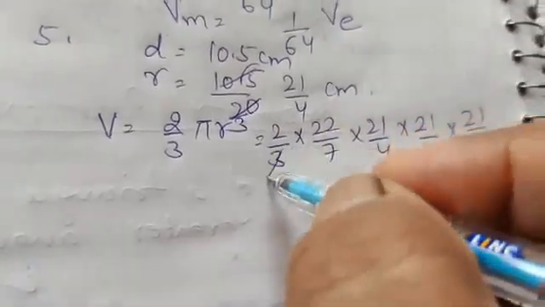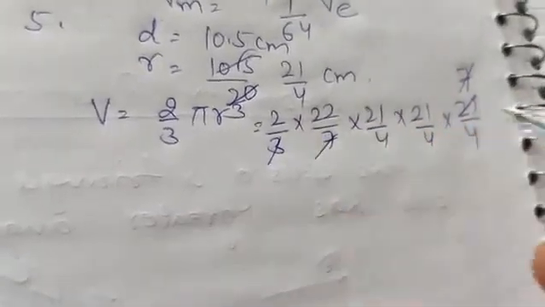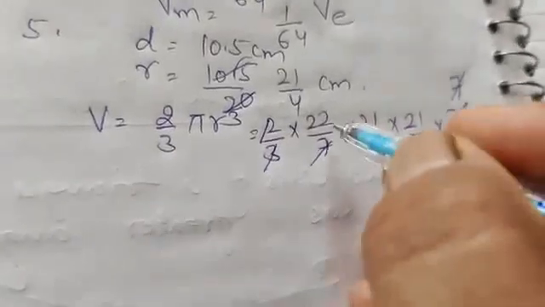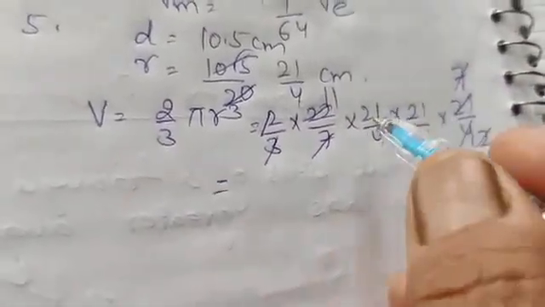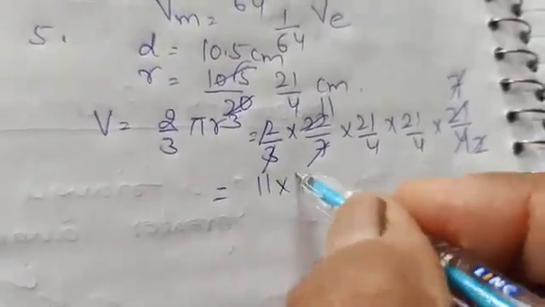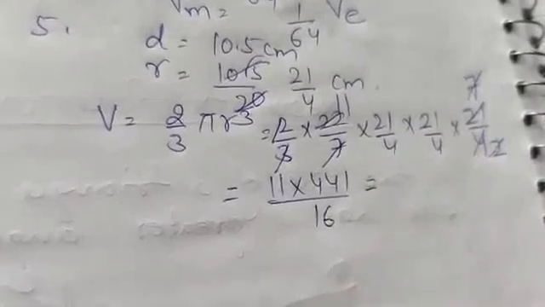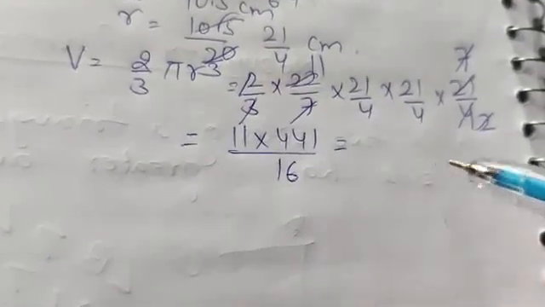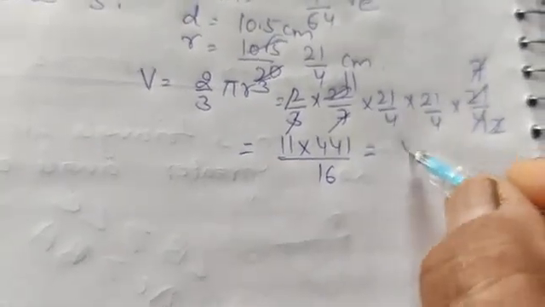Now cancel. 3 7s are 21, 7 7s. Now 4 2s are 8, and 2 11. Now multiply. 21 into 21 is 441. 11 into 441 by 16. Now solve. 11 into 441 is 4851 by 16.